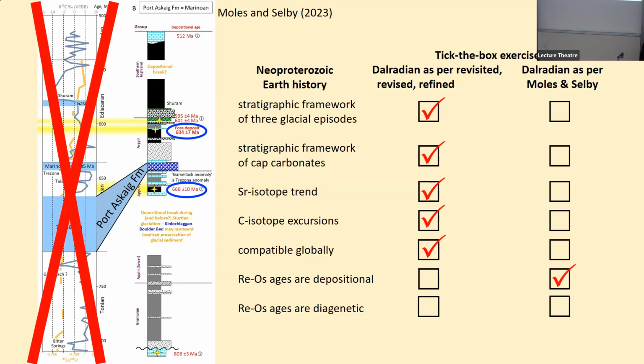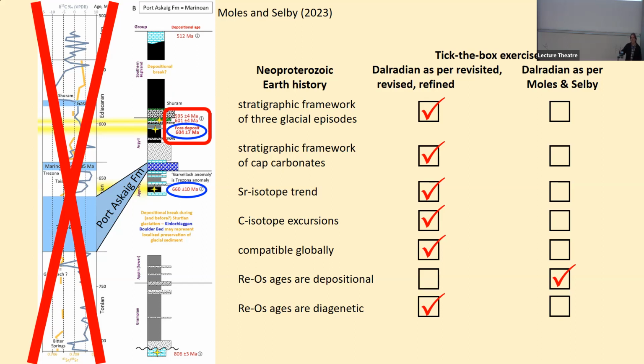Well, according to Moles and Selby, the Re-Os age is depositional. But I think it's as easily explained as being a diagenetic age. Now, that's just not me wanting to be cranky and fussy, but I'm going to highlight that one age I pointed out to you at the beginning, the 600 age.